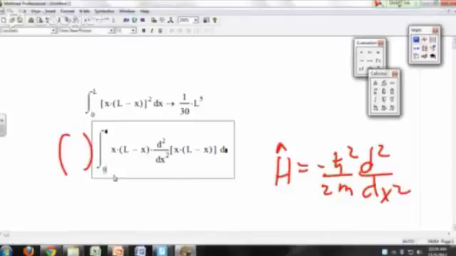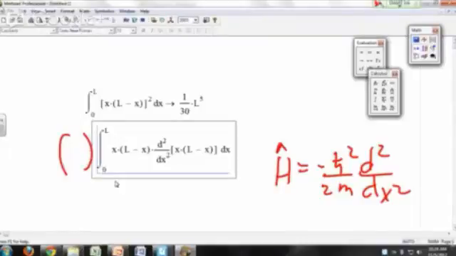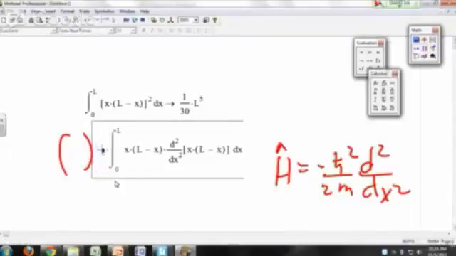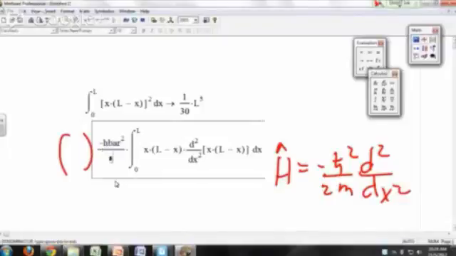So integrate from 0 to L, dx. I need to multiply this whole thing by negative h bar squared over 2 times the mass.